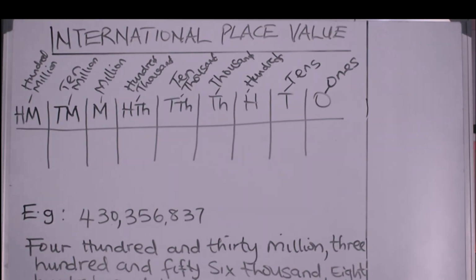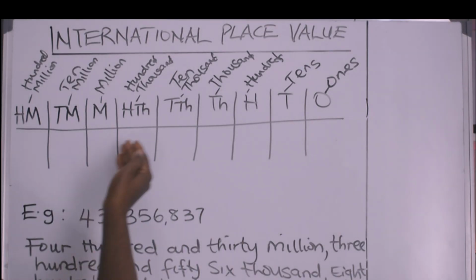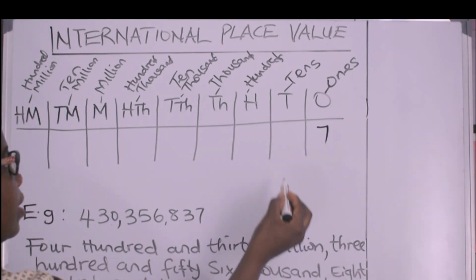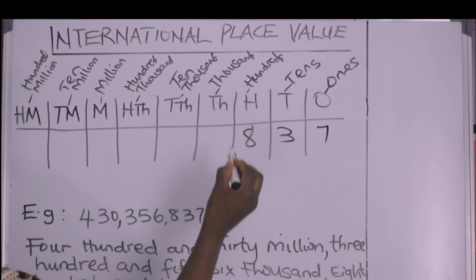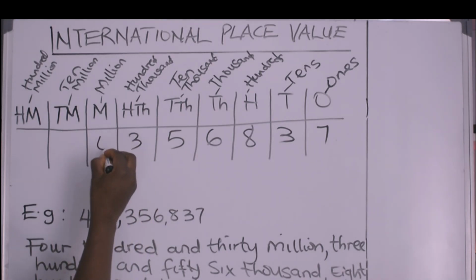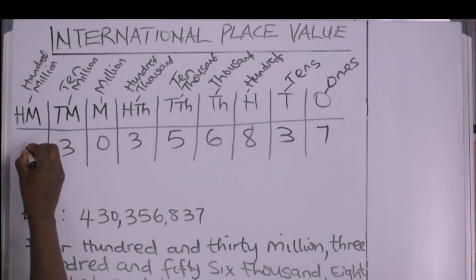Every number has its own place value. So we are going to be placing this number according to their place values. Now what we have here is 430,356,837. Let's quickly arrange them according to their place values. So we'll be starting from the ones: 7, 3, 8, 6, 5, 3, 0, 3, and 4.